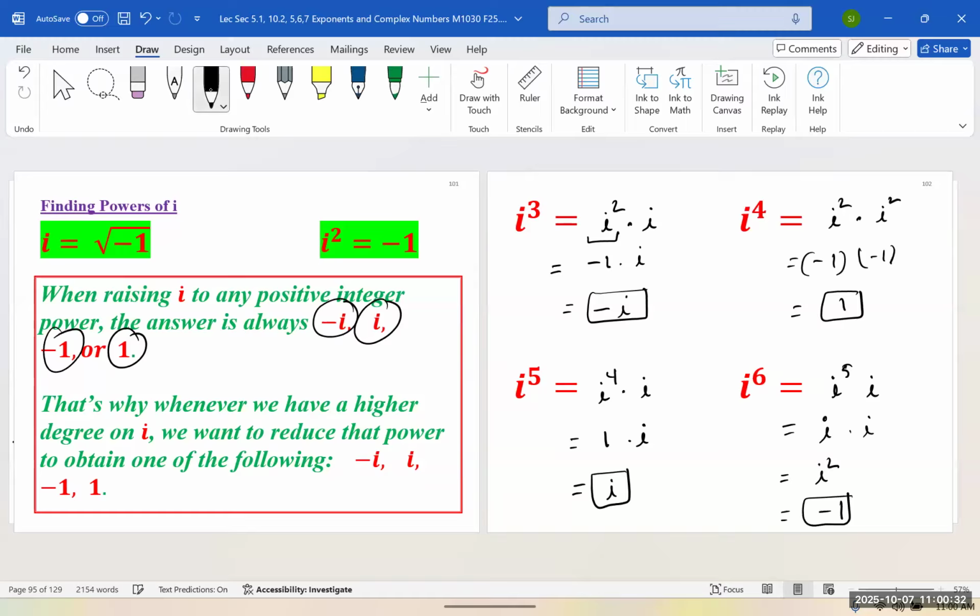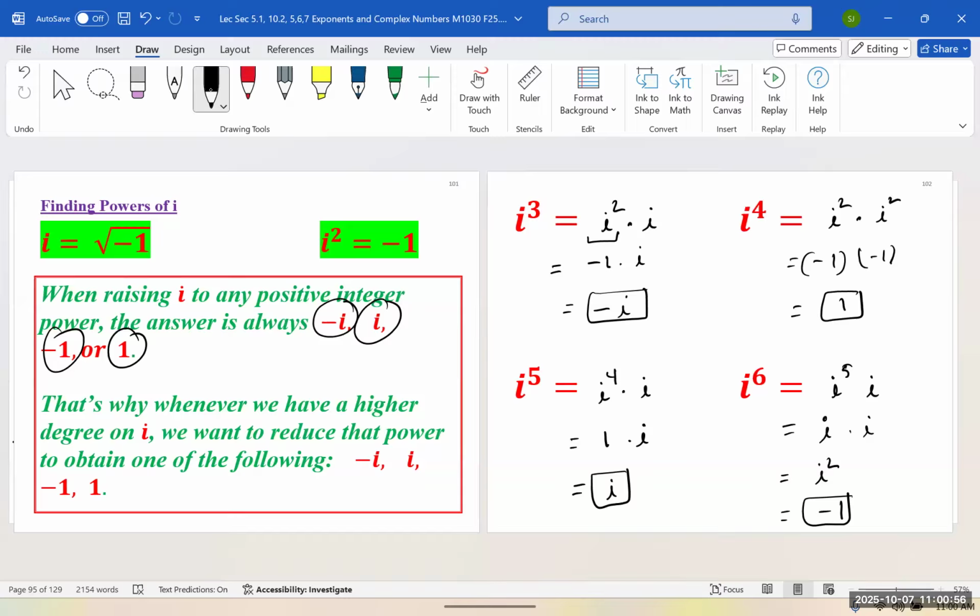So we have this one as our answer. So see, we have two odd powers, 3 and 5, but the outcomes are different. One of them gives us -i, the other gives us +i. We have two even numbers, 4 and 6, but still we have two outcomes. One of them gives us +1, the other gives us -1.